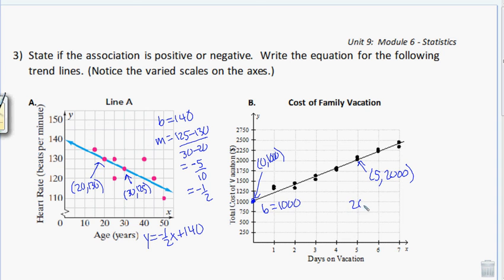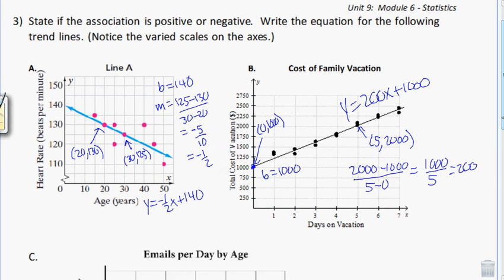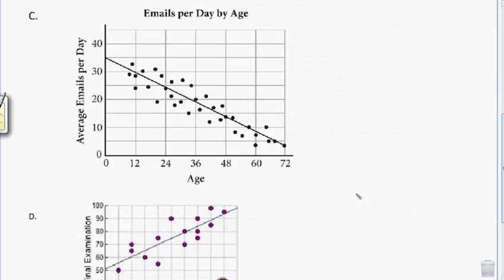So I'll do 2,000 minus 1,000 over 5 minus 0. I get 1,000 over 5, which turns out to be 200. So y equals 200x plus 1,000. It's going downward, so I'd expect it to be a negative slope.